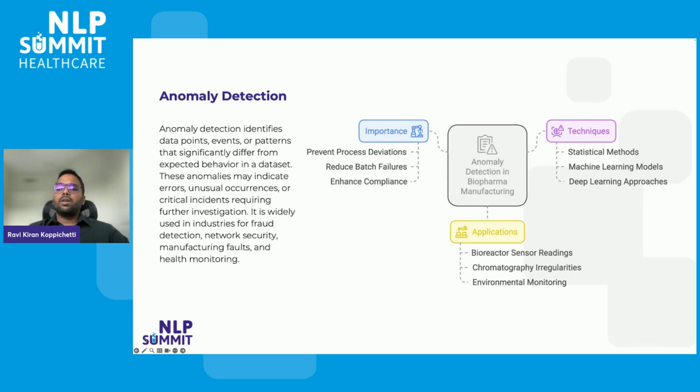By utilizing AI driven anomaly detection, manufacturers can identify and address issues before they escalate, ultimately enhancing efficiency, compliance, and product quality as well. And this will definitely reflect in patient safety as well.